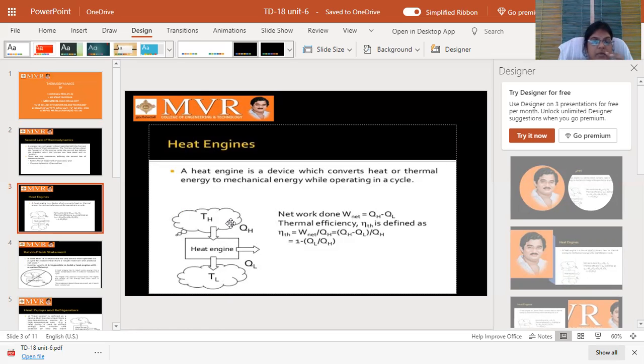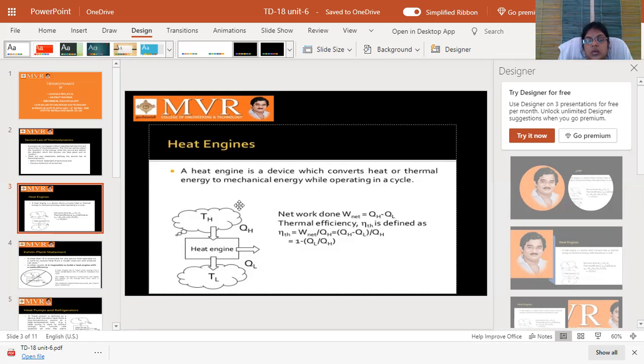Why do we call them source and sink? The source supplies the heat, which is then converted into mechanical energy, so we have to supply heat. That heat we take from the source.